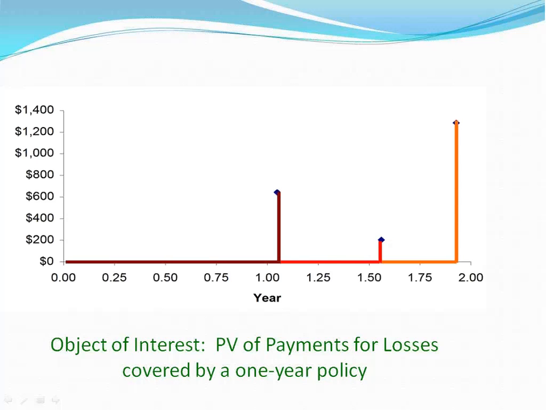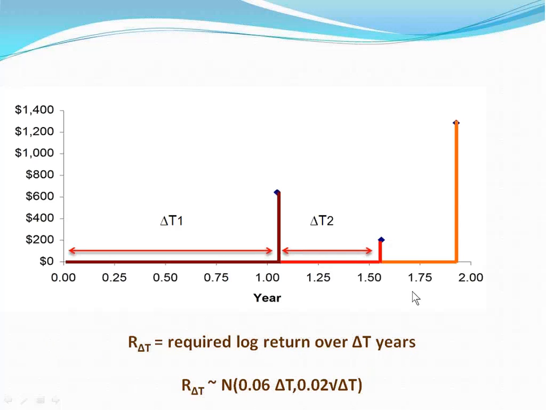Now, what we want to do is take the present value of this. To do that, we splice the timeline into various components, and these are interpayment times. We will be defining short rates for each interpayment period.